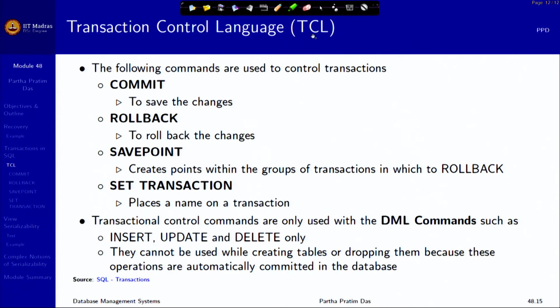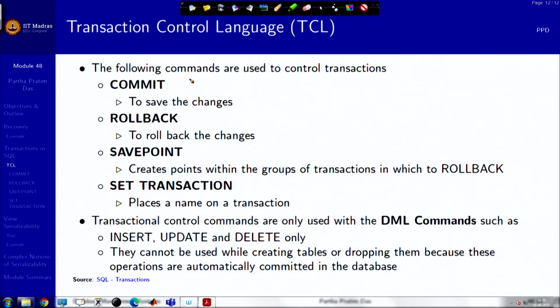So, there are 4 primary commands in TCL, called transaction control language. This is the part of SQL which relates to transactions. One is commit, to save the changes, and one is rollback, to undo changes. Savepoint is a kind of marker: if in a group of statements you want to roll back to a certain point, not necessarily to the beginning, then you can set a savepoint.